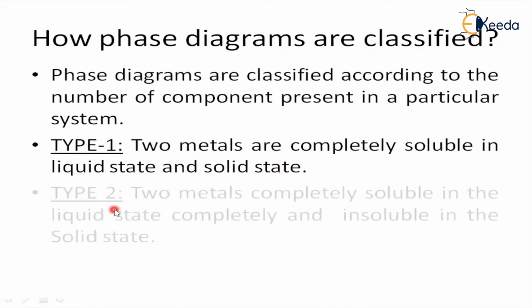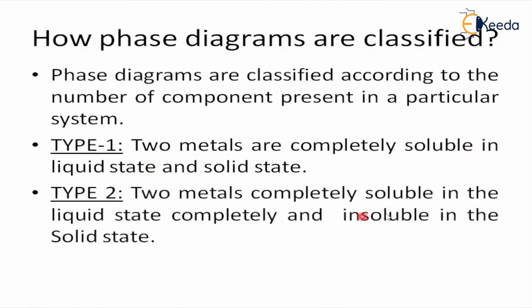The second type is where two metals are completely soluble in the liquid state but insoluble in the solid state. If it is insoluble in the solid state but soluble in the liquid state, then that type of phase diagram comes under type 2.